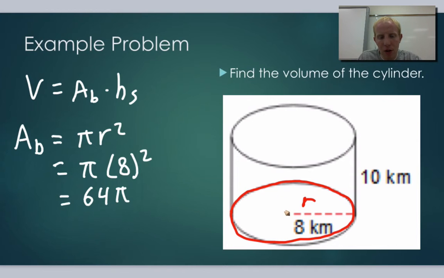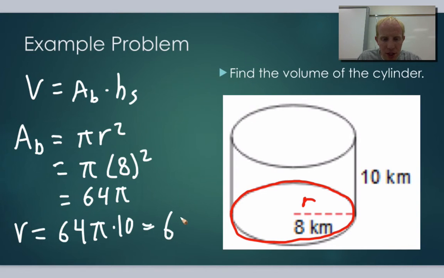I'm going to leave it like that for just a second, but if we now find the volume, it's just the area of the base times the height of the solid. In this case, the height is 10, so we do 64 pi times 10, which gives us 640 pi.